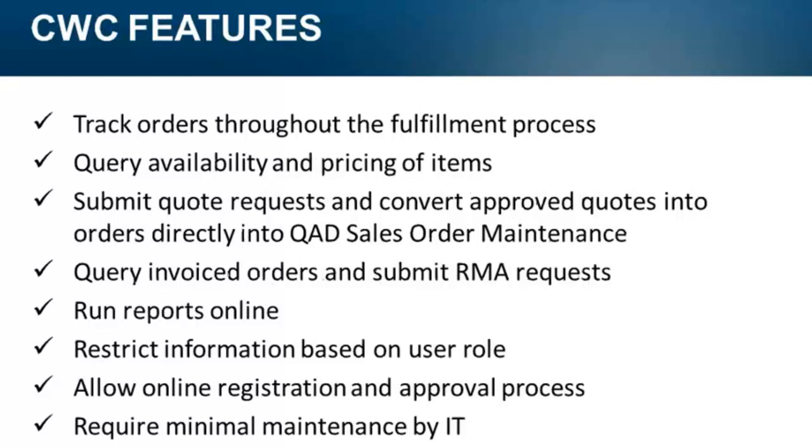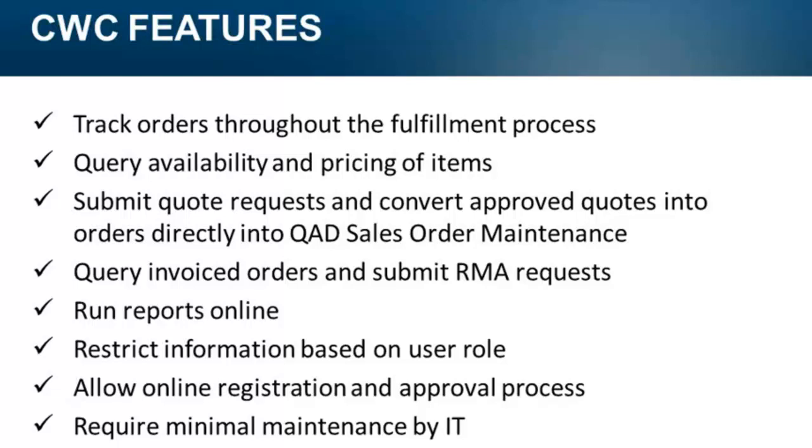So what are some of the features of Customer Work Center? Like I said previously, you can track orders throughout the fulfillment process. You can query the availability and pricing of items. Depending, again, on the security matrix, you can restrict the price list that customers or users have access to.